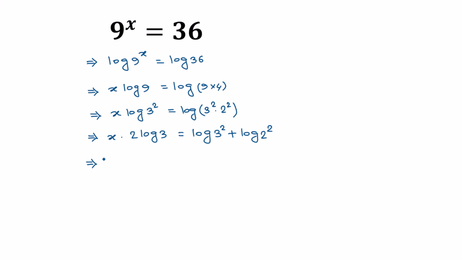So x times the left side, 2 log of 3, is equal to, applying formula log a to the power b, 2 times log of 3 plus, similarly, log of 2 square can be written as 2 times log of 2. Now divide both sides by 2 times log of 3.